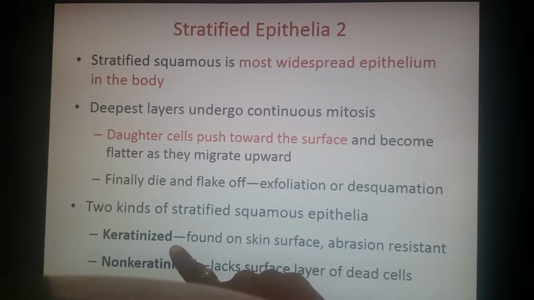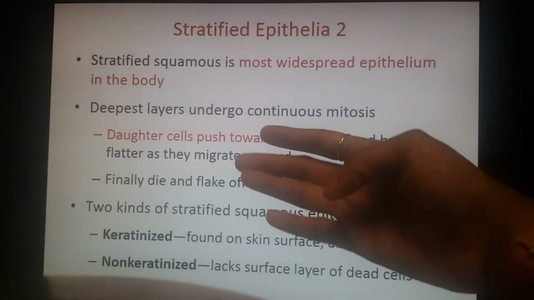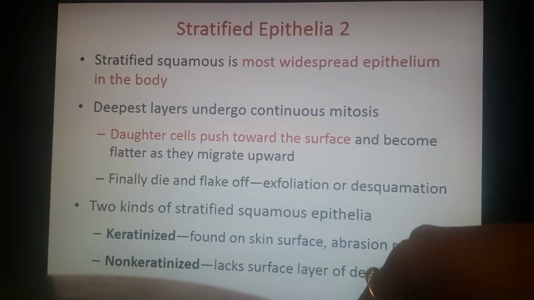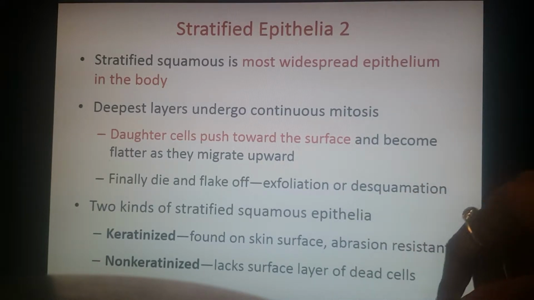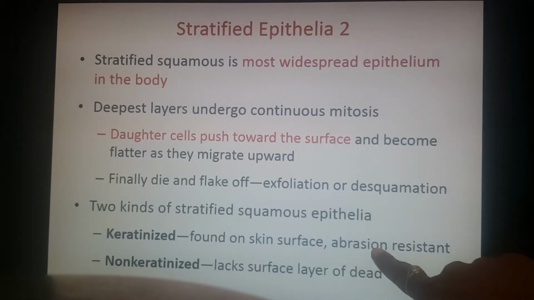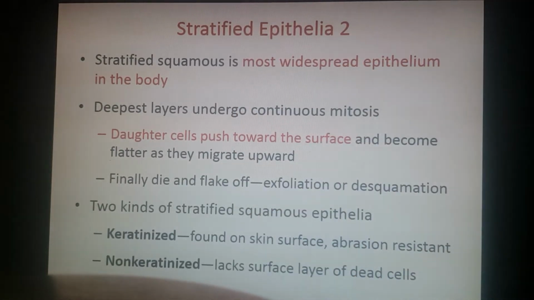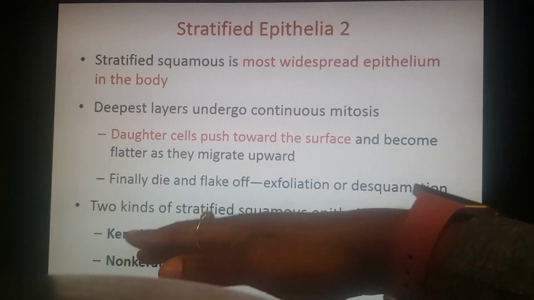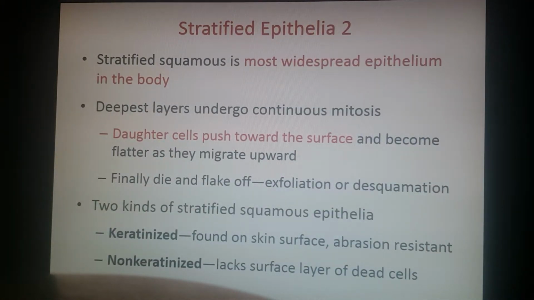So with your keratinized, as the tissue is strengthened at the top, those cells are less likely to be rubbed off or flaked off, and so there's a layer of dead cells that, instead of dying and flaking off, they just die and stay there because the keratin helps to keep the tissue together.